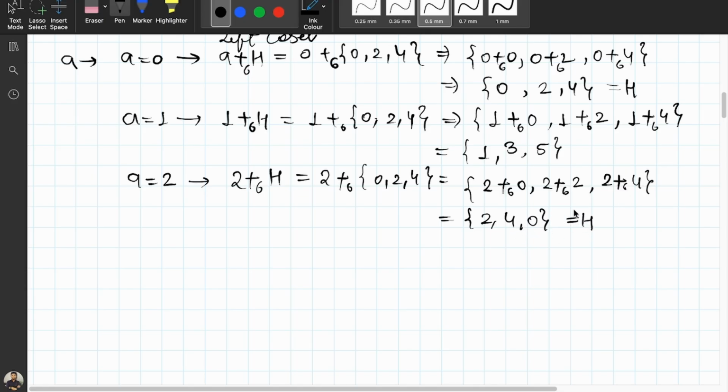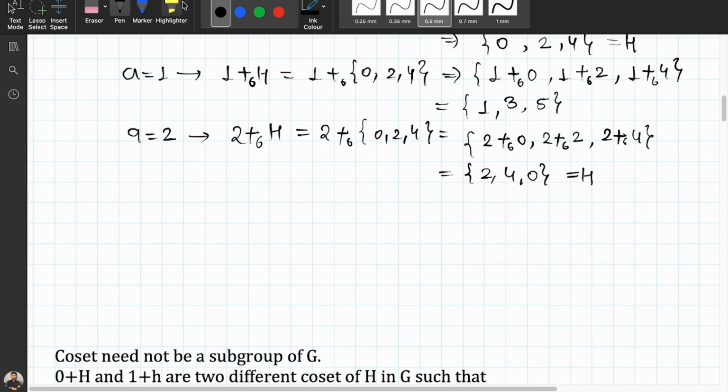So from here what can I write? Next, if I take A equal to 3, then 3 addition modulo 6 with H is simply 3, 5 and 1, which is the same as the coset for 1.